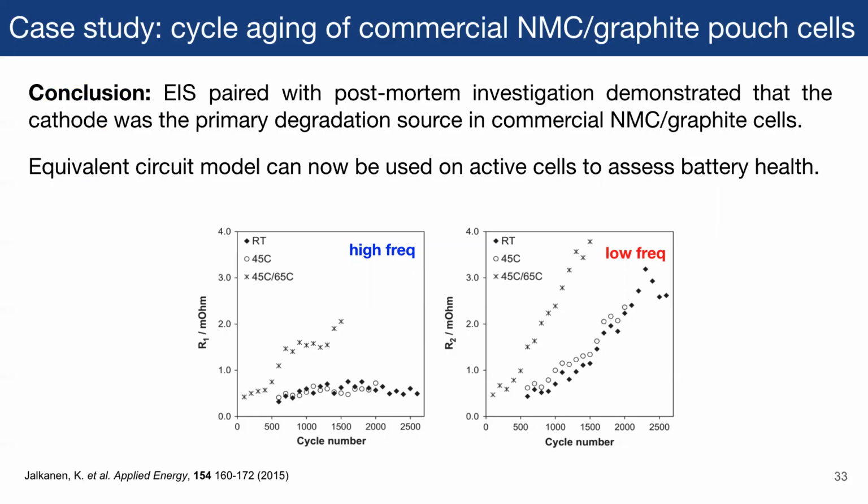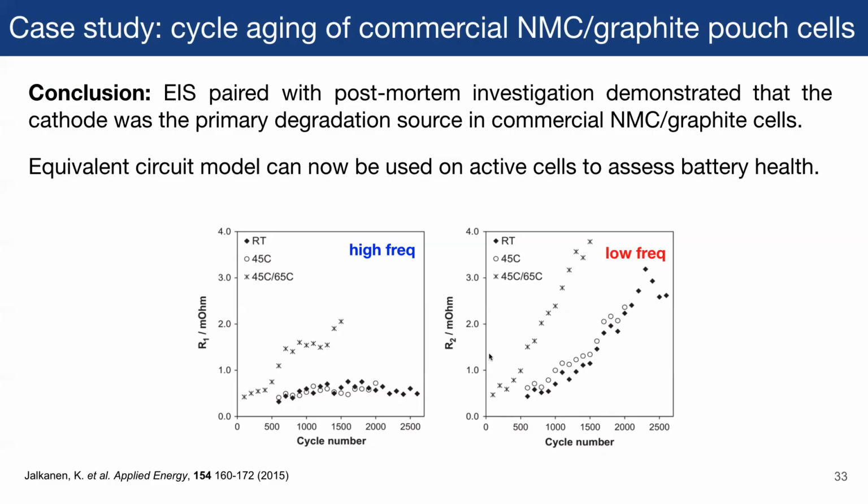So based on this study, what EIS was really able to provide when paired with a post-mortem investigation was show where the primary degradation sources were occurring in this commercial NMC graphite cell. Now, what's really interesting about this is that the equivalent circuit model that was built based on these cells can now be applied to these same types of cells, but active cells, and it can now be used to assess battery health.